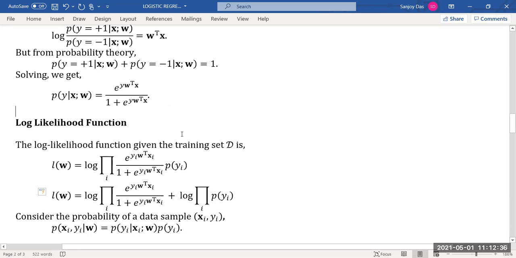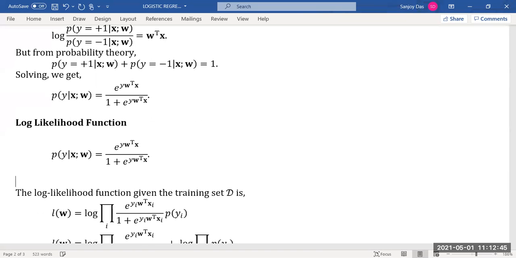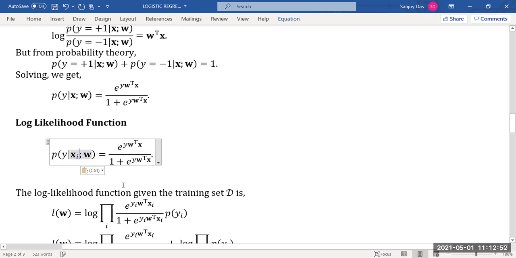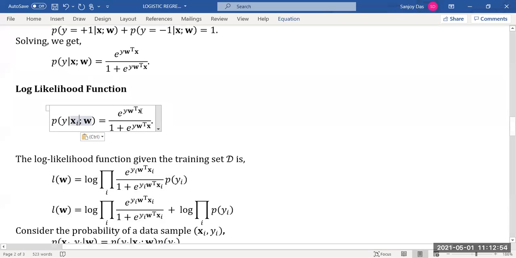I'll rewrite this portion. For any sample point xi, yi, this is our probability. Probability of yi given xi and w is this. Correct?